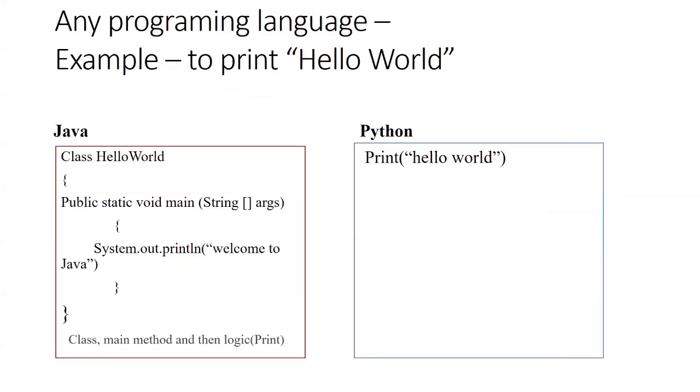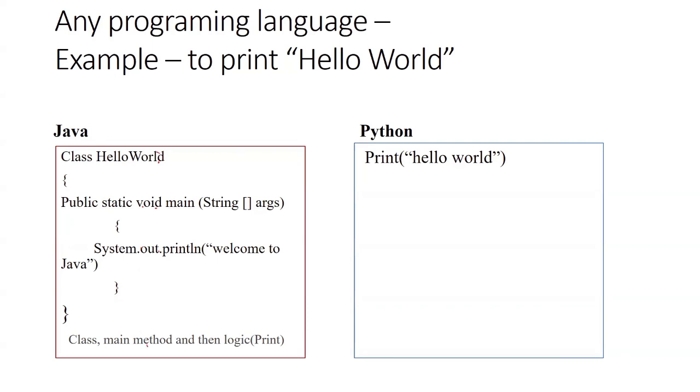Now, I'll show a small example. I want to just print hello world. For printing hello world, the most familiar programming language that you keep hearing about is Java. I'm comparing Java versus Python here. In Java, to write a simple hello world, oh my God, I have to write this many lines. 1, 2, 3, 4 lines.